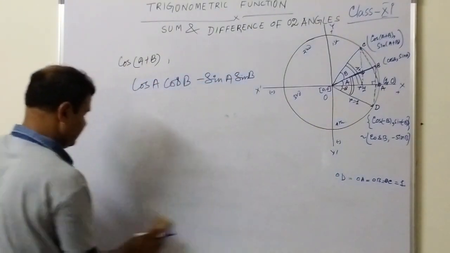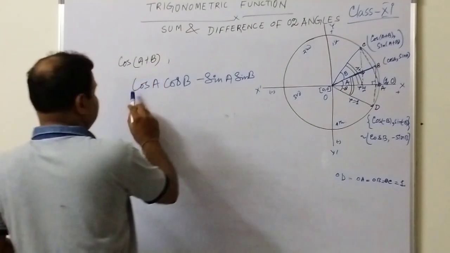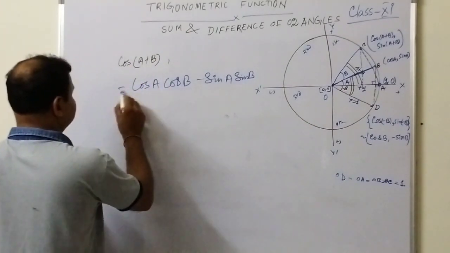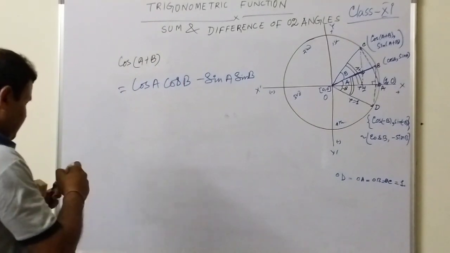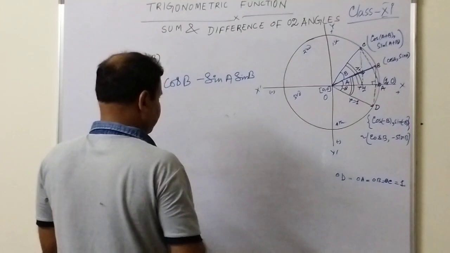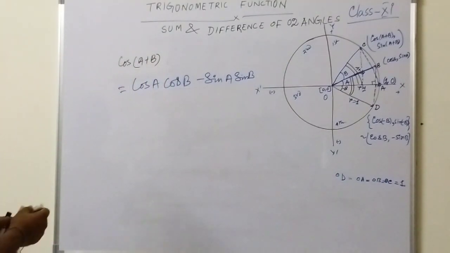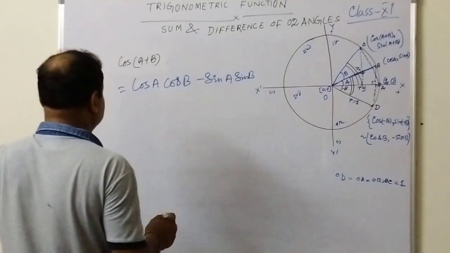So this is the sum angle function. For the sum of two angles in cos, it equals the individual cos values' product minus the individual sin values' product. Okay, this is the first trigonometric function of sum.